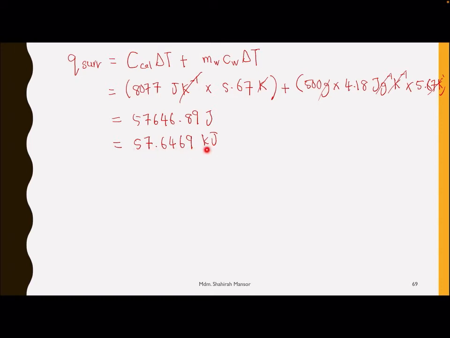So in order to find the heat released from the reaction, let's recall the concept between those two. Heat released from the reaction equals the heat absorbed by the surrounding. How to relate between those two? Q reaction, which is the energy released from the reaction, equals the energy absorbed by the surrounding.